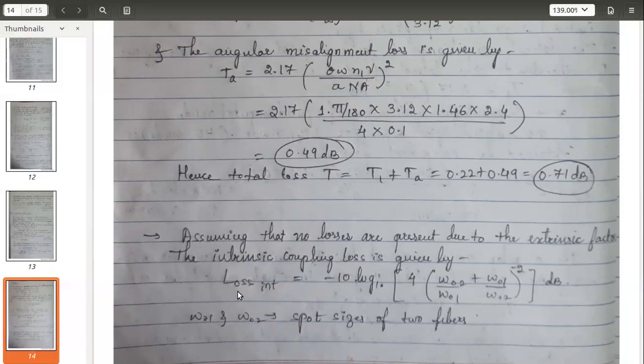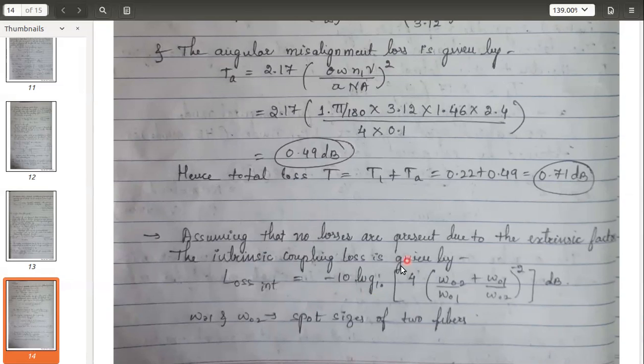But your textbook mentions it is beyond the scope of the textbook. So assuming no extrinsic losses, the equation for intrinsic coupling loss is given in the qualitative study. That is the intrinsic loss. It is very important. It does not include the extrinsic.